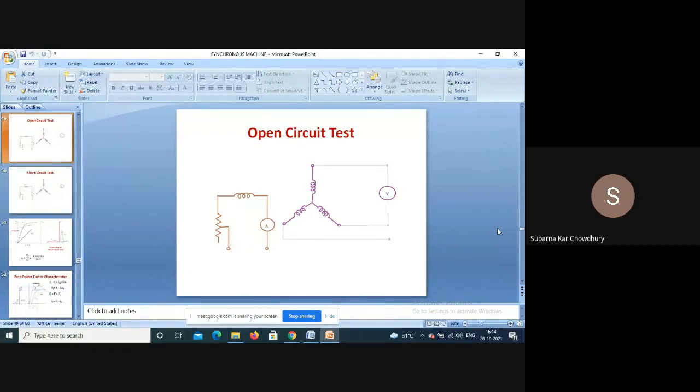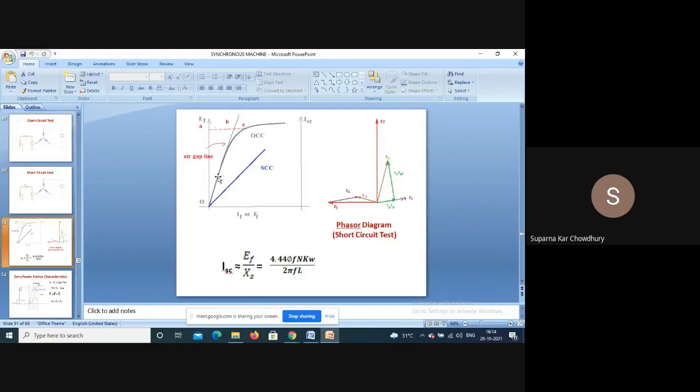The plot of field current versus open circuit voltage gives you the open circuit characteristic, or OCC, which follows the BH curve more or less; there will be saturation. So this curve is obtained.